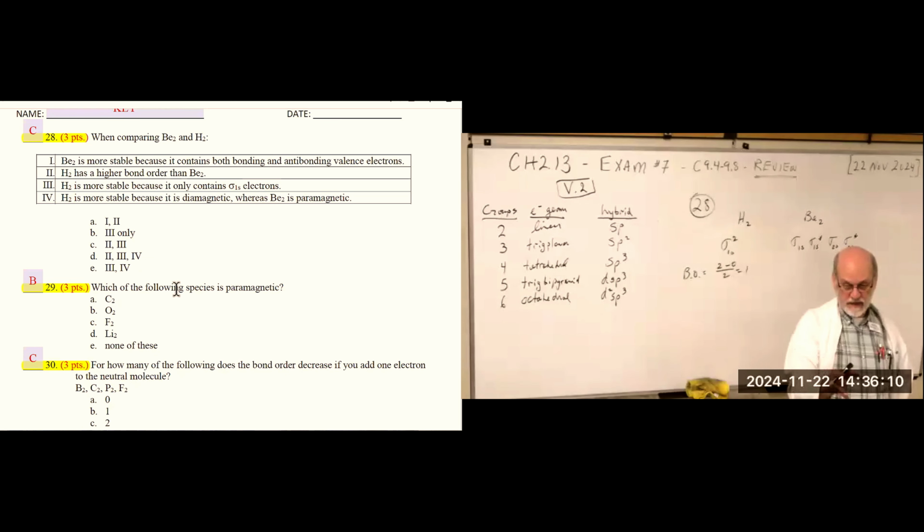We're using all of them in this case, not just valence. So it has 4 plus 4 is 8. 2, 4, 6, 8. So bond order here would equal 4 minus 4 over 2 equals 0. Right?